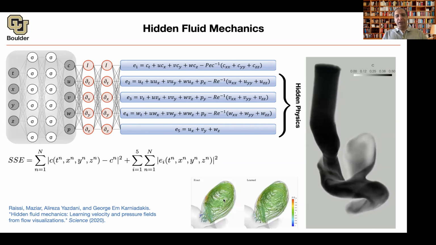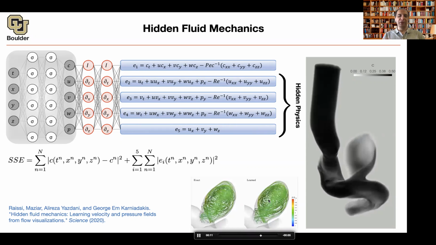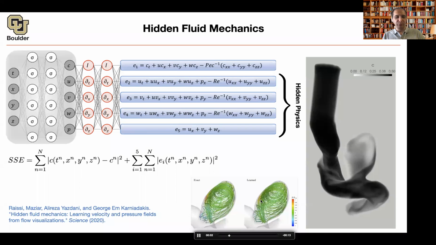And then after the optimization is done, you're going to learn the velocity field, the streamlines color-coded by the pressure, and you can learn the shear stress on the wall of the aneurysm. And the shear stress, we are reporting it in the paper.